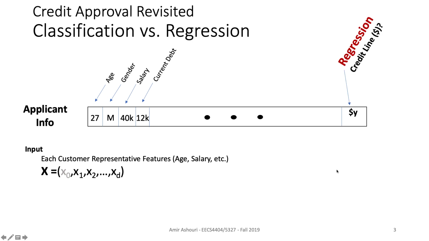So instead of having a label to approve or reject, we're going to have an actual real value of the credit line. Okay?